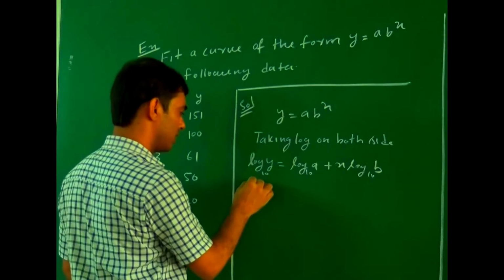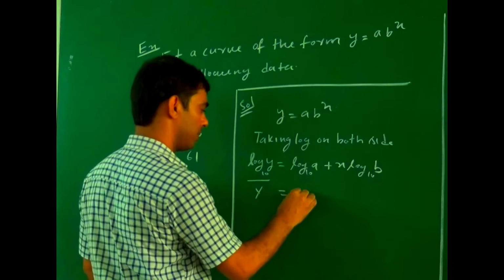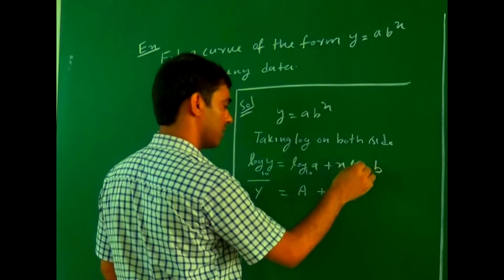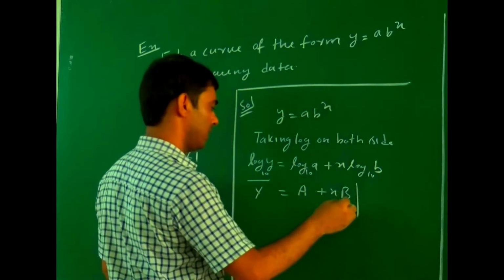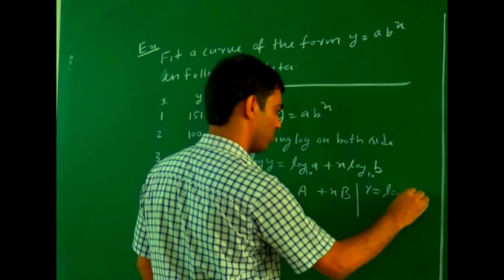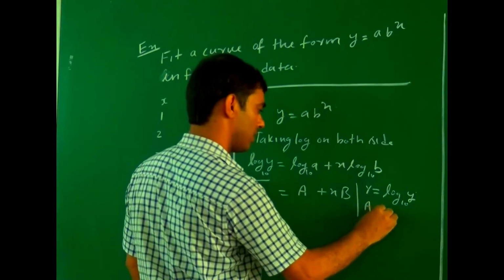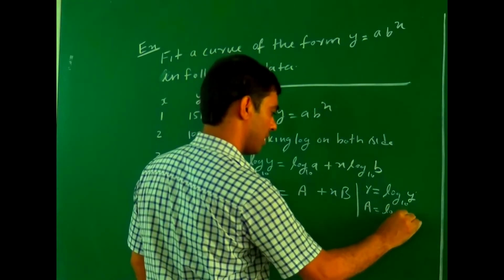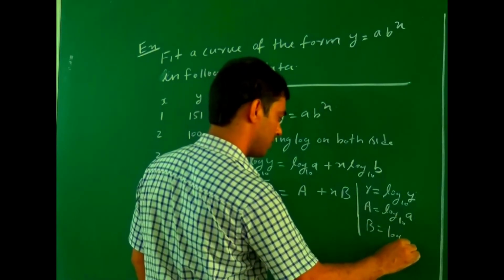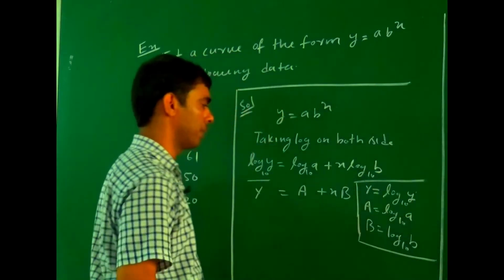Here we assume capital Y equals capital A plus x capital B, where capital Y equals log base 10 of small y, capital A equals log base 10 of small a, and capital B equals log base 10 of small b.